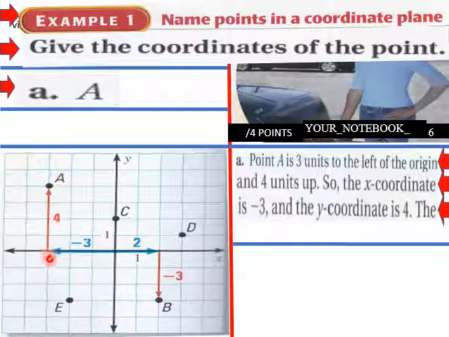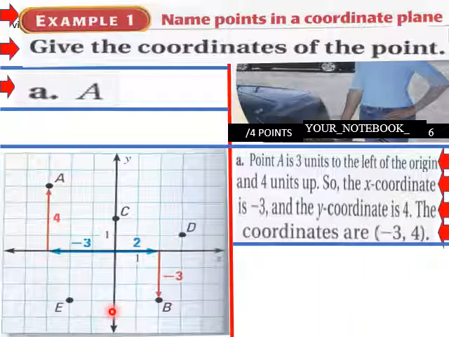Here's -3, 1, 2, 3, and the y coordinate is 4. So the ordered pair for this point is -3, 4.